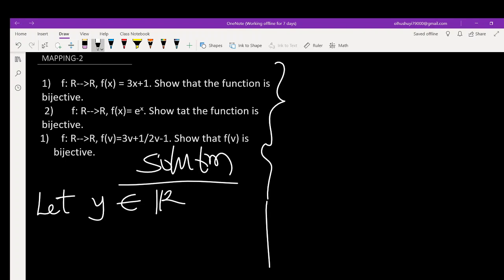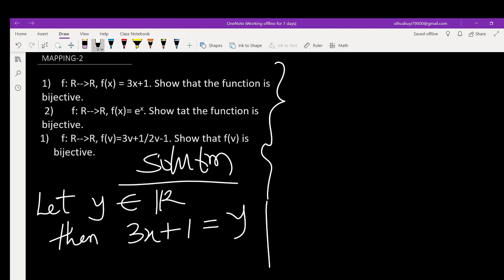This means y is an element of these real numbers. Then I can say 3x plus 1 is equal to y. Do you get that?